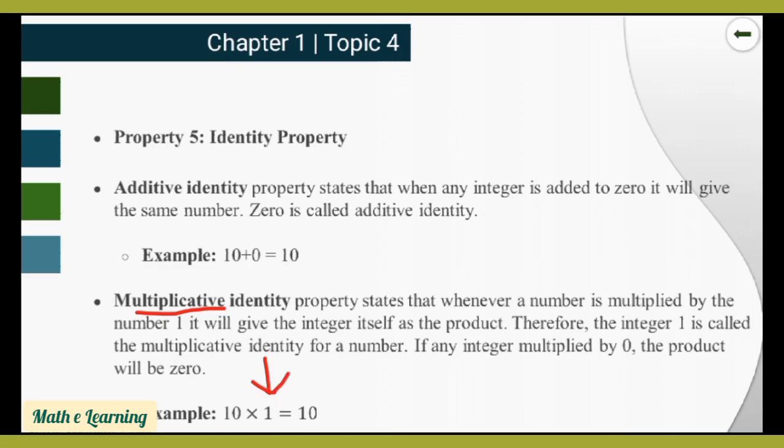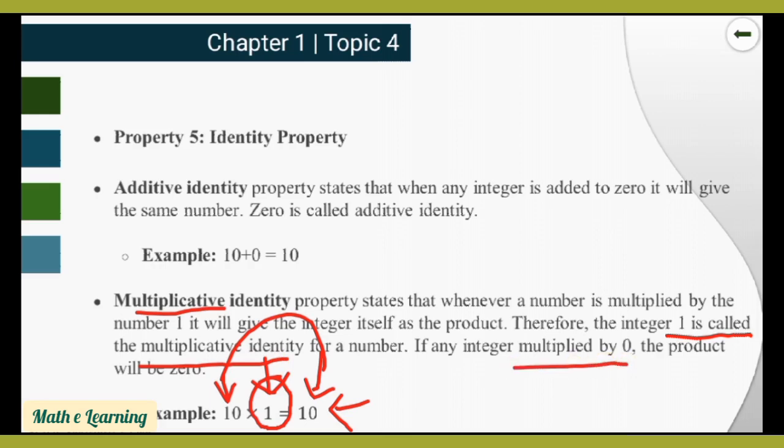And we have multiplied this 10 with 1, and we get the result same as the number. That means 10 itself. So we can say that by doing multiplication with 1, the result is the number itself. That means 1 does not affect the number. That's why 1 is called multiplicative identity.